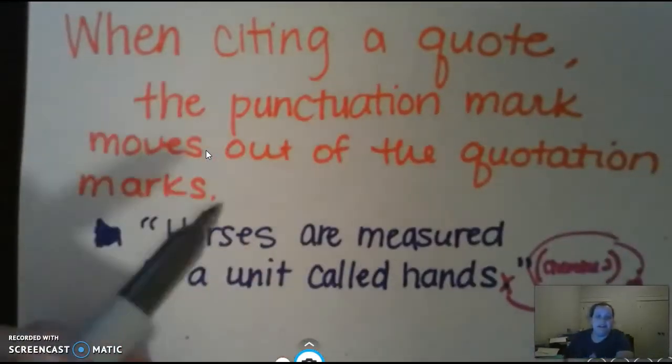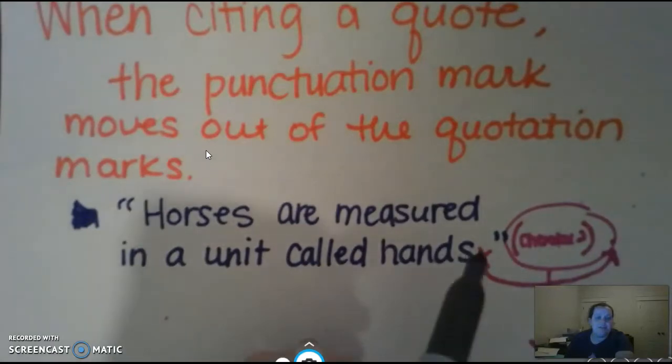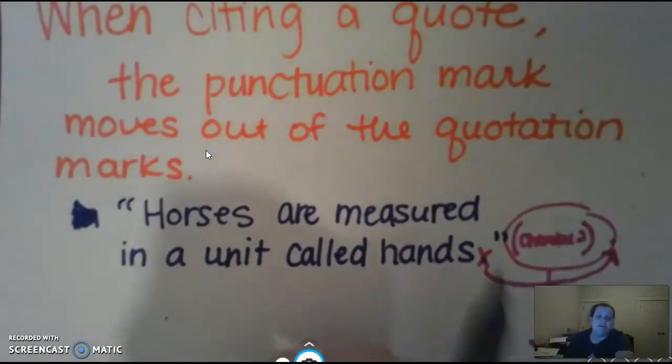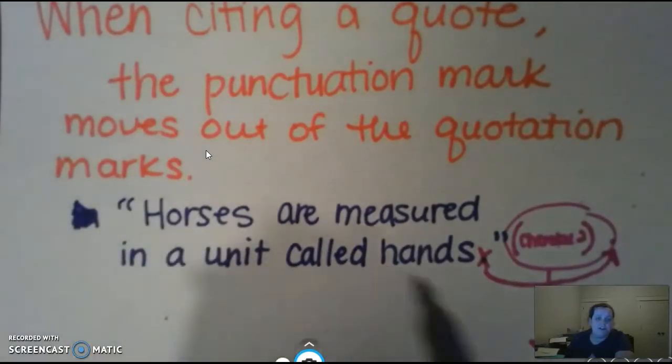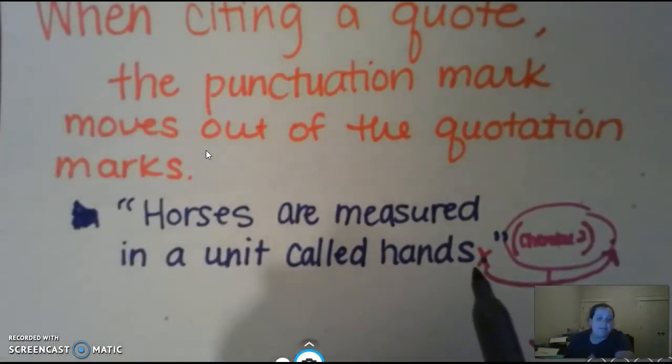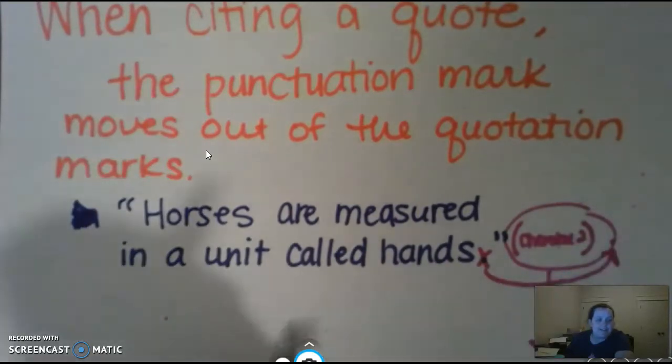All right, so the last thing, when you are citing a quote, the punctuation mark is going to move out of the quotation mark. Okay, so for example, horses are measured in a unit called hands. Okay, if I was originally writing it, I would have the period right here, but I'm going to move it out past my citation, and it goes after the citation.